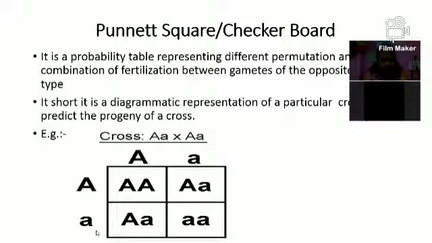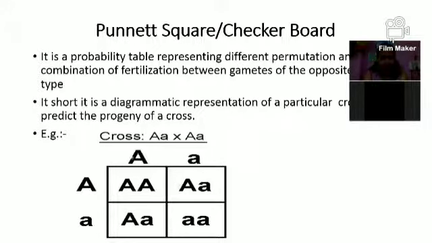Then the small a again crosses with the second, and we get capital A, small a, small a. So we get such a type of checkerboard that we call a Punnett square.